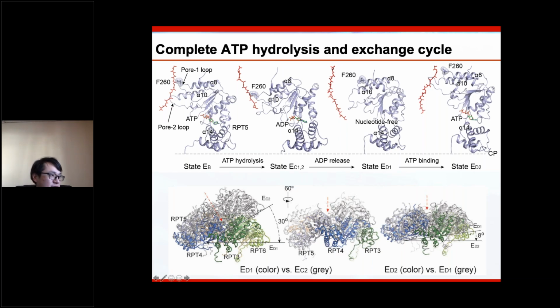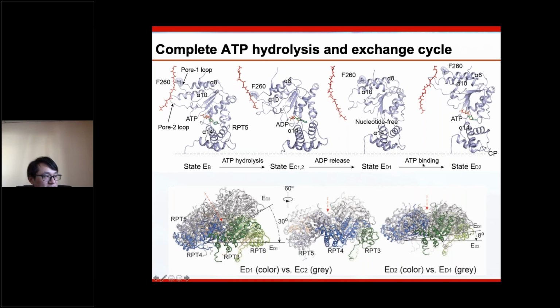So what we see, for example, is a large flipping in and out of the RPT5 ATPase. It's flipped almost 30 degrees when it transitions from ED1 to ED2, which corresponds to ATP binding.